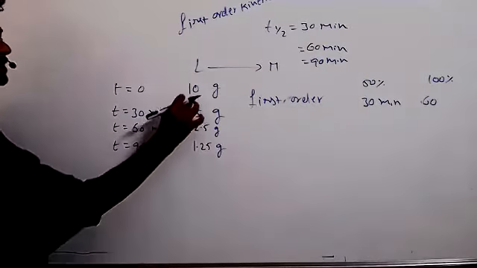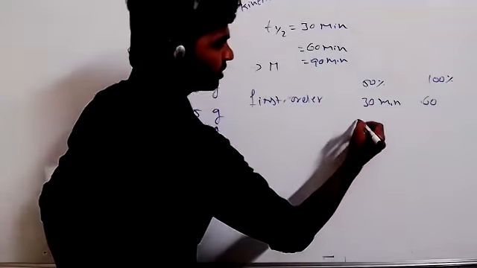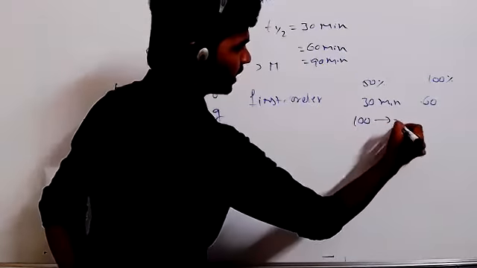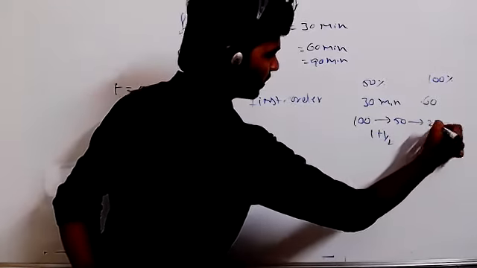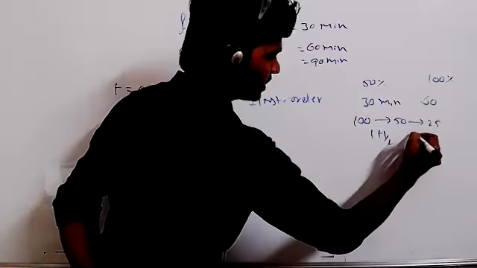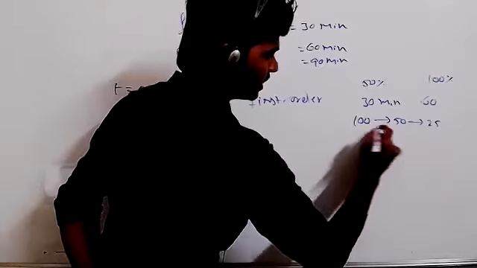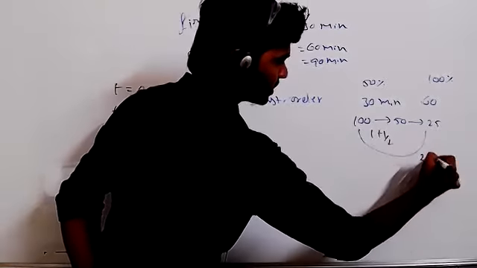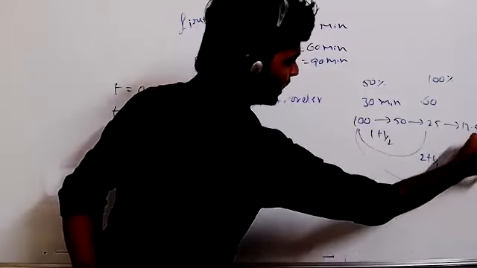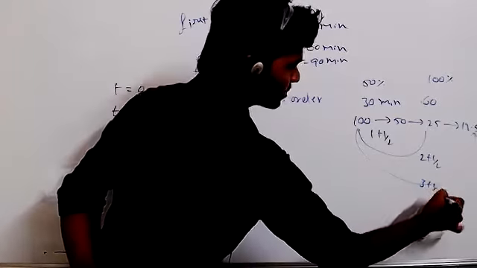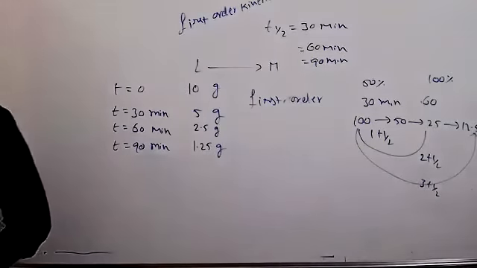But in first order kinetics, suppose we have 100 grams of reactant. To convert 100 to 50, it takes 1 t-half. To convert 50 to 25, it takes 1 more t-half, so overall 2 t-halves. 25 to 12.5 takes 3 t-halves. That relation I gave in your notebooks.